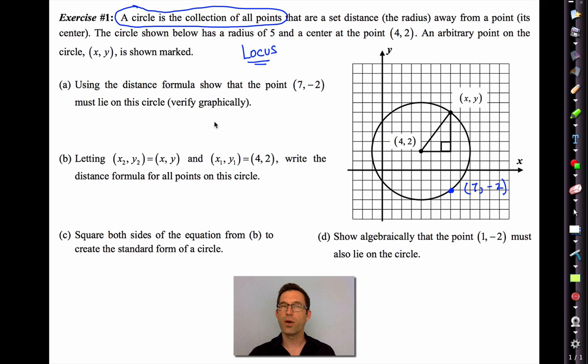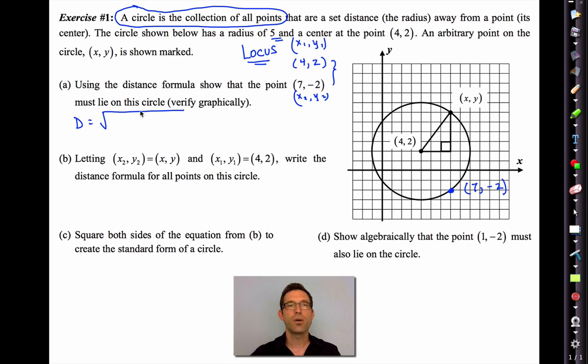Now, how do we verify that it lies on there using the distance formula? Well, the whole point of a circle is that these 2 points should be 5 units away from each other. So let's do the distance formula there. It doesn't matter which one's x1, x2, y1, y2, you just got to be consistent. So I'll call this my x1, y1, and I'll call this my x2, y2. So I'll have 7 minus 4, x2 minus x1 squared, plus negative 2 minus 2 squared.